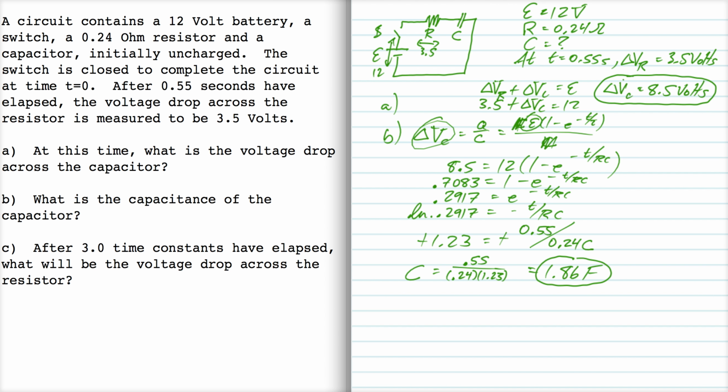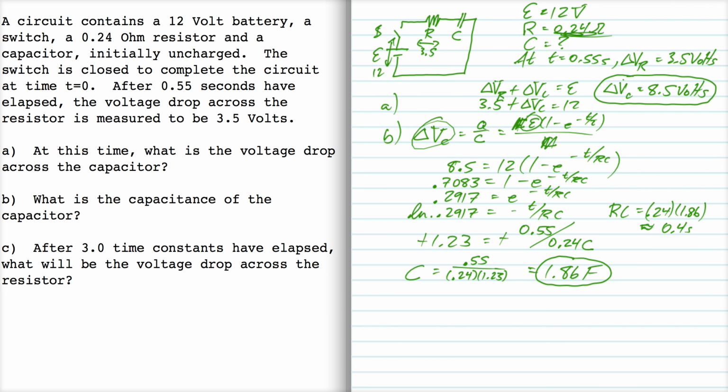Now that's a pretty big capacitance, but if you consider the resistance is 0.24, then if I figure out the time constant here, RC, 0.24 times 1.86, well, that's about half a second, right? It's about 0.4 seconds or so.